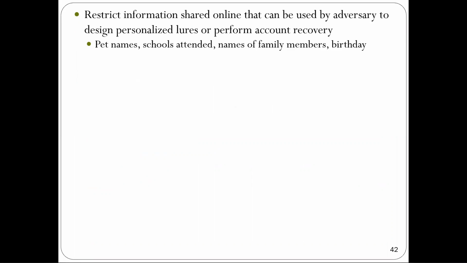Another thing you can do is restrict the information that you share online that could be used by an adversary to impersonate you, or to claim your account. Because there's nothing stronger than claiming the account and having it come from my email address rather than just reusing my name. If you get an email purported from my Gmail account, I never email students from my Gmail account.